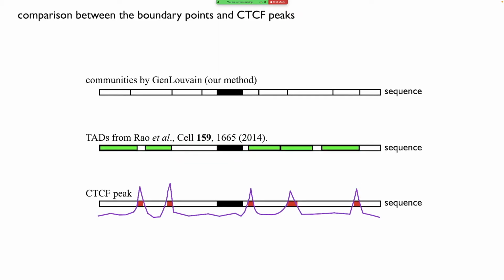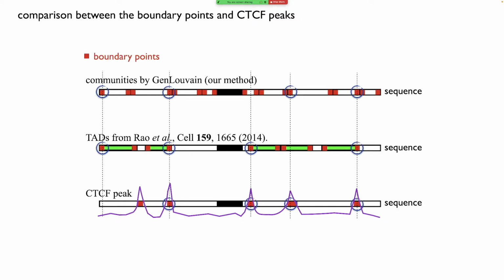So we compare this CTCF enrichment near the community boundaries from our method with the TADs from the standard data provided by this Cell paper. If there is significant overlap like this, it means that our method can detect chromatin domain boundaries, just like the data provided by this Cell paper.